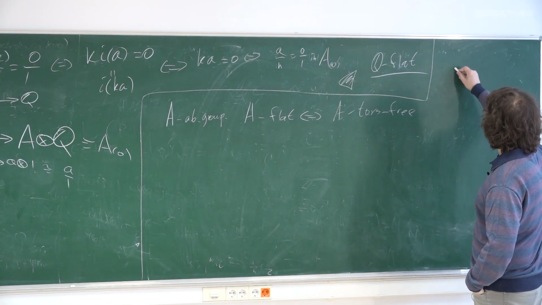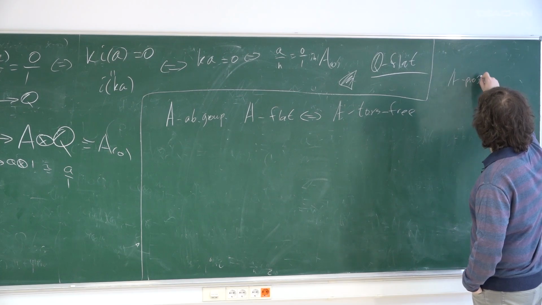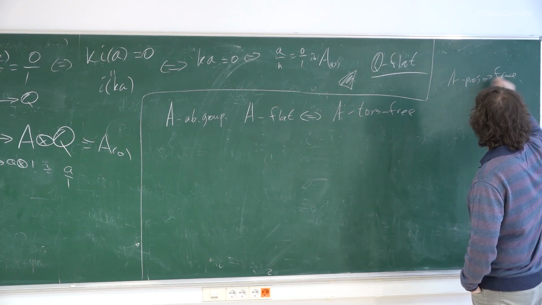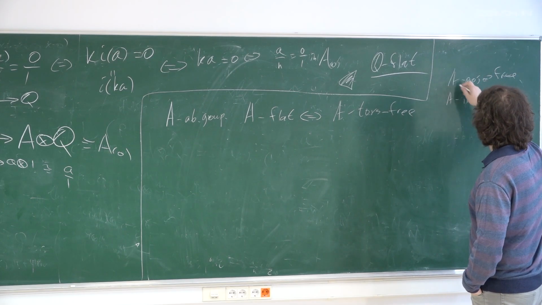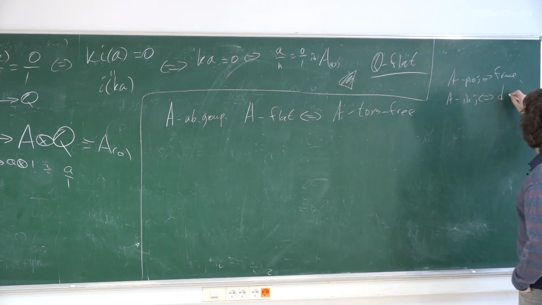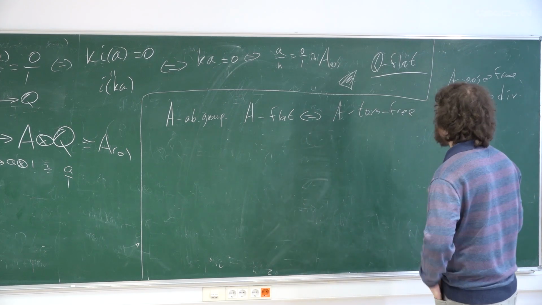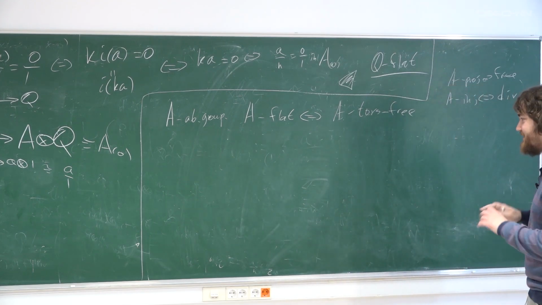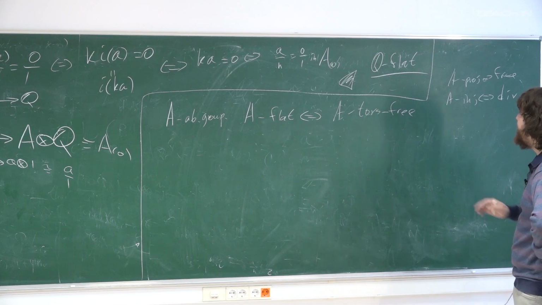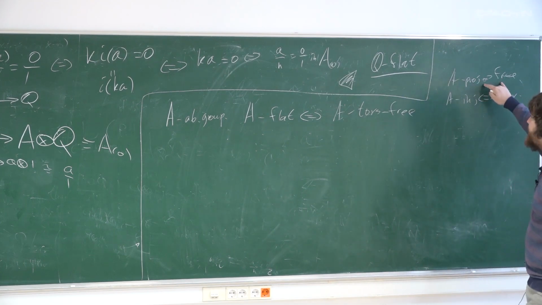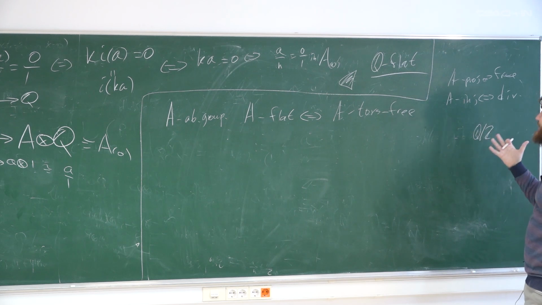We know that an abelian group is projective if and only if it's free. It's injective if and only if it's divisible. And now I claim that it's flat if and only if it's torsion-free. So for abelian groups, we know all these classes. Now, for example, Q is flat, but not projective. It's not free. Q modulo Z is injective, but it contains only torsion, so it's not flat, for example.